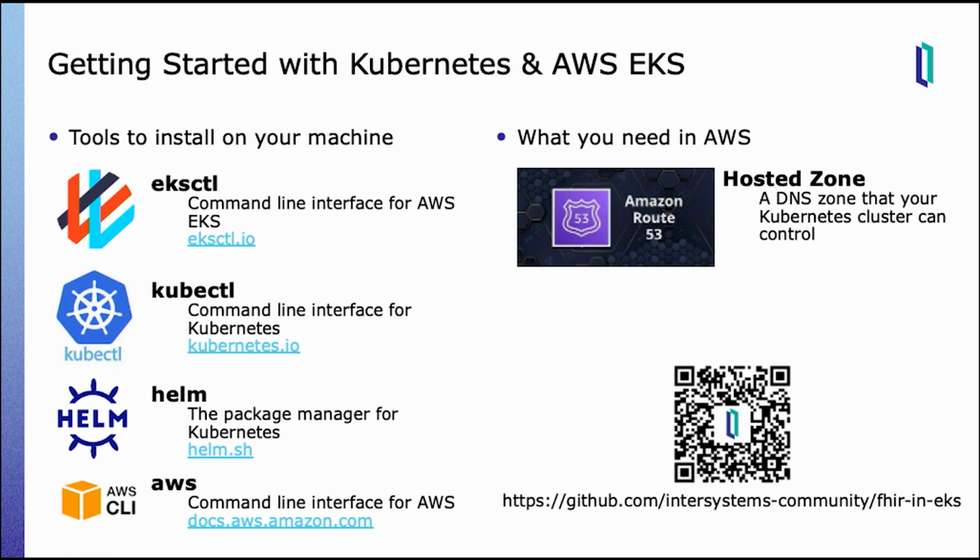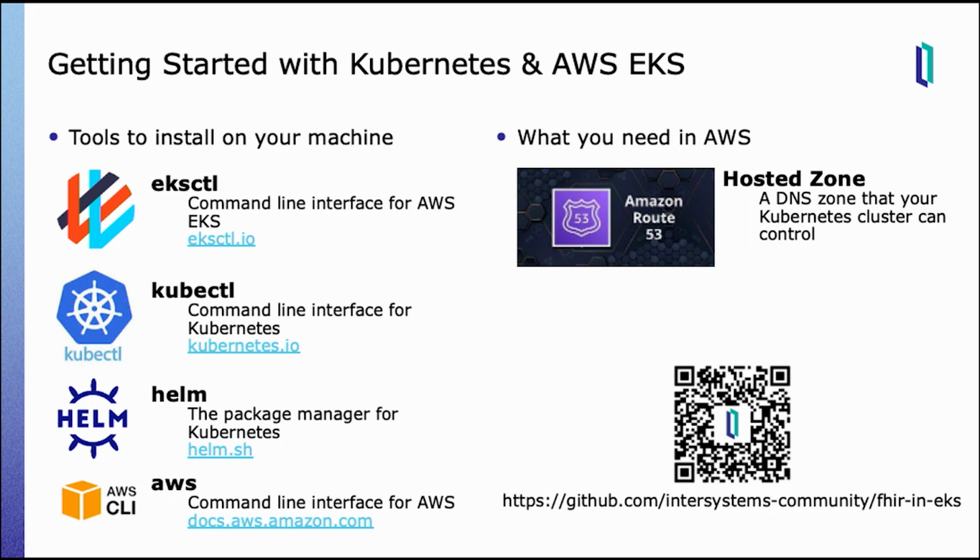You'll need kubectl, which is the command line tool to interact with Kubernetes. You'll need Helm, which is a package manager for Kubernetes. And since we're using AWS, you'll need the AWS command line interface.